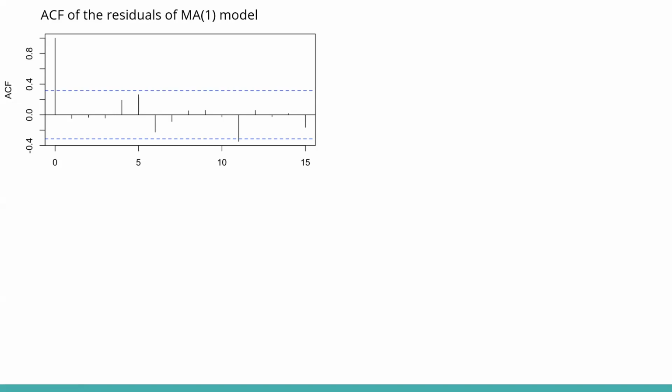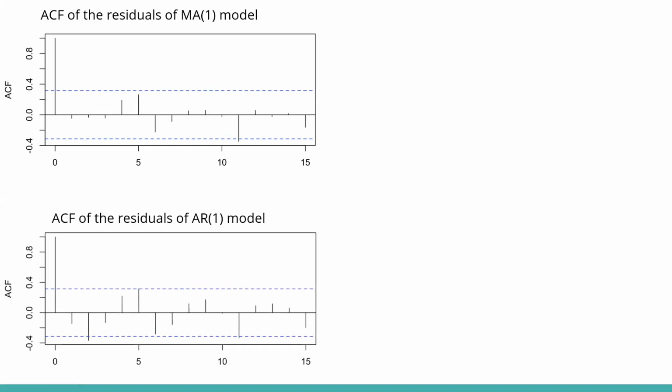Now, this is for the first model. We're going to go to the second candidate model. We want to look at the autocorrelation function of the residual for the AR1. If you take a look at what I have here, you're going to see that one is out here, at probably lag 11.